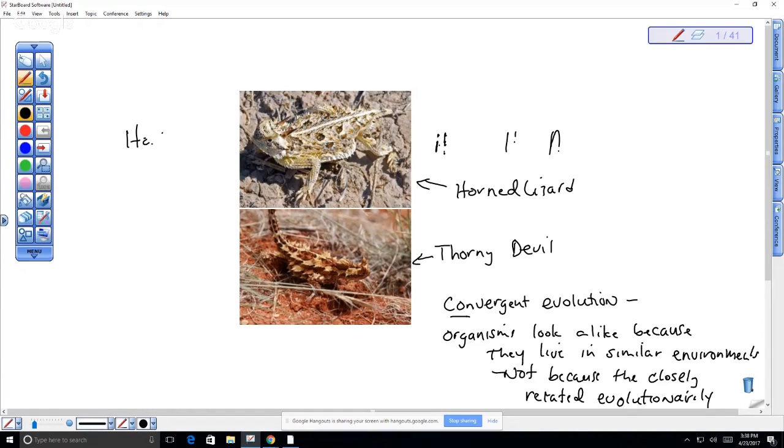Okay. So these are organisms that are in desert biomes, but on two different continents.